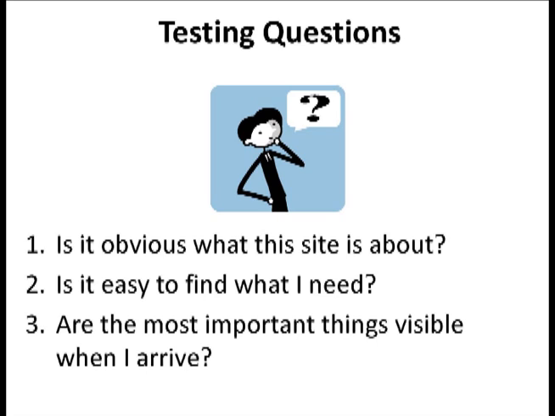We design the site. We know our organizations better than anyone. We think the answer to all of these questions is yes, always. And the answer is more often than not no, or yeah, but I have to think a little bit harder than I thought I would have to.